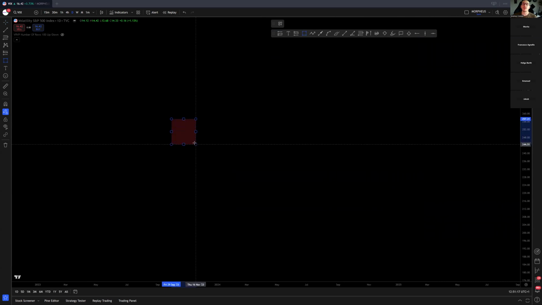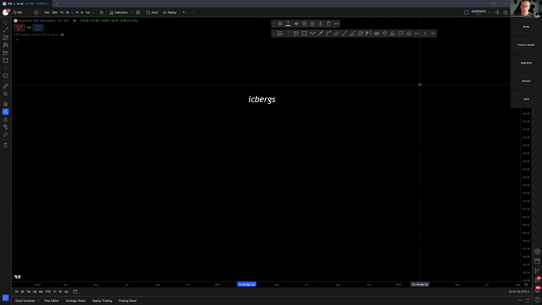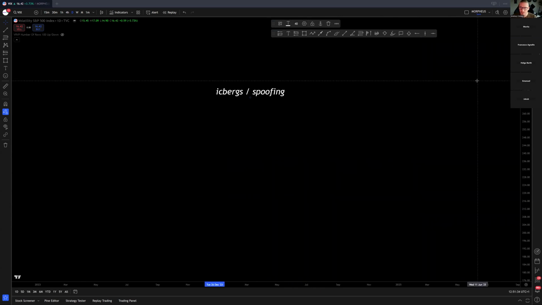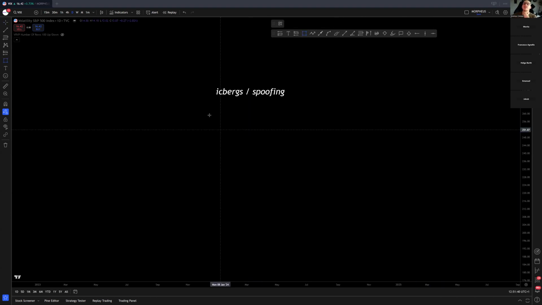So the first two patterns that we're going to try to understand are icebergs and spoofing, which is a pattern that Serge, the scalper of the team, actually trades. Okay. Let's build our book again.